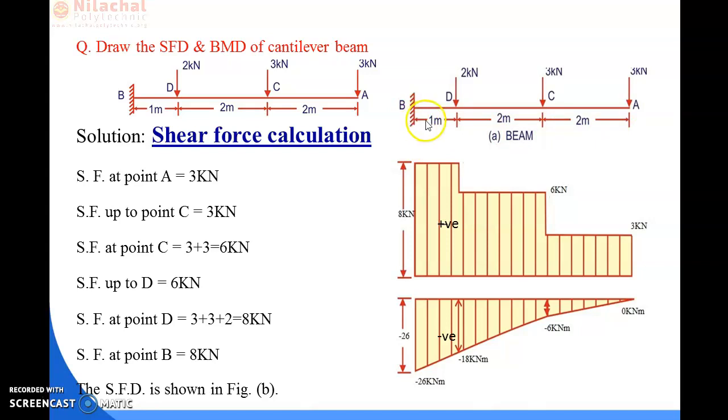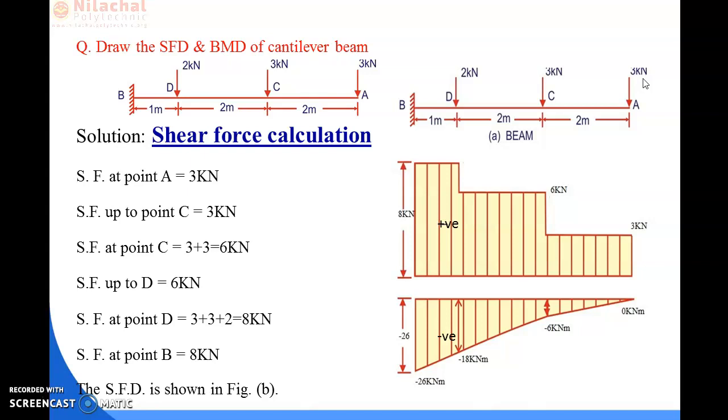So if we apply this condition, then our calculation should be from A to B. So the first shear force is from the right side, which is point A. Your shear force at A is 3 kN. Why? Because at point A, only one load is there, which is 3 kN.